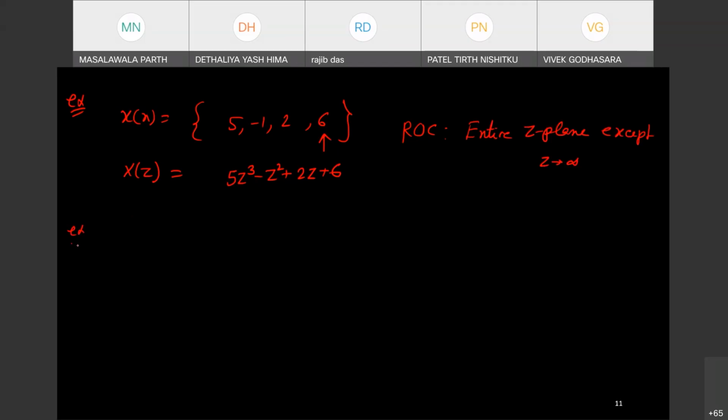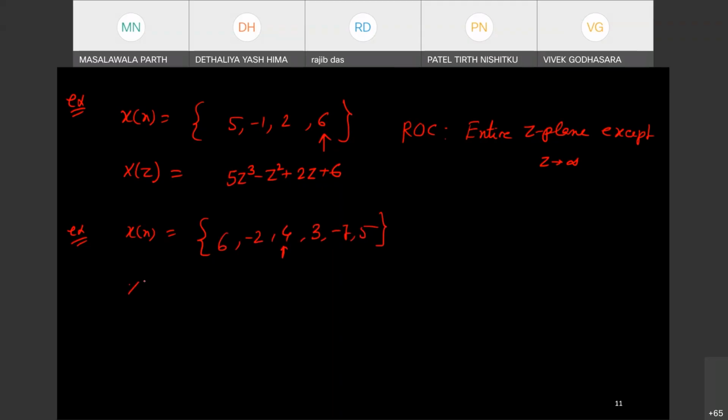Now if we have a sequence which contains both sides, but finite, it's a finite sequence. So this is 4, this side is 3, this is -7, this is 5, this is also -2, this is your 6, like that.